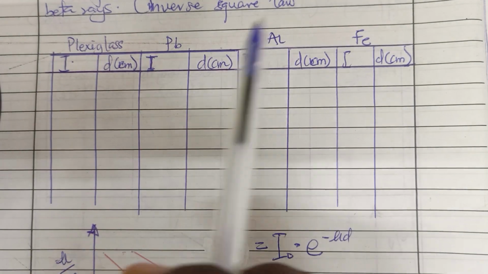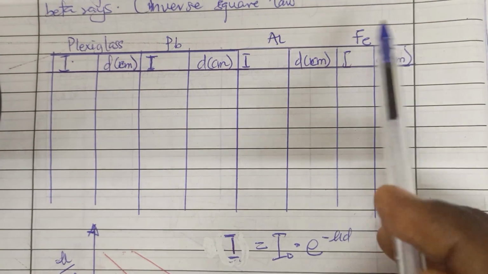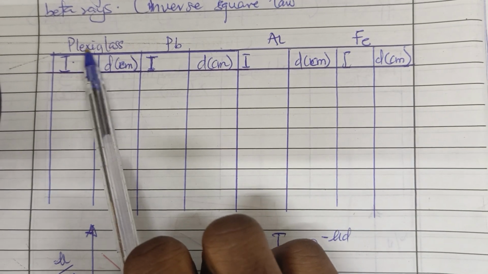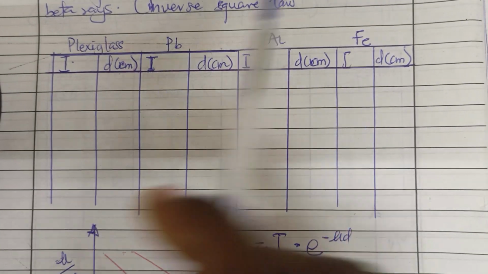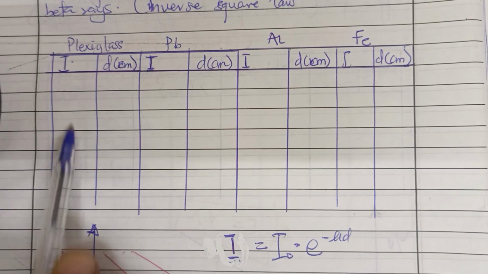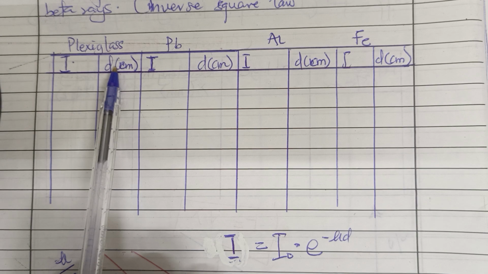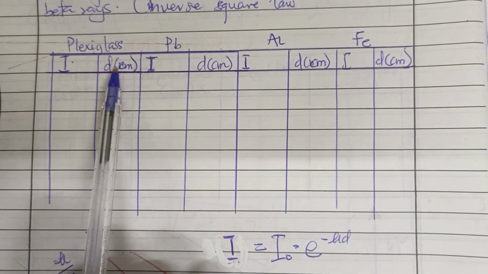We have about 5 absorbers: iron, aluminium, lead, plexiglass, and concrete. So this is how the table will look. We have only two quantities, the intensity and the thickness.